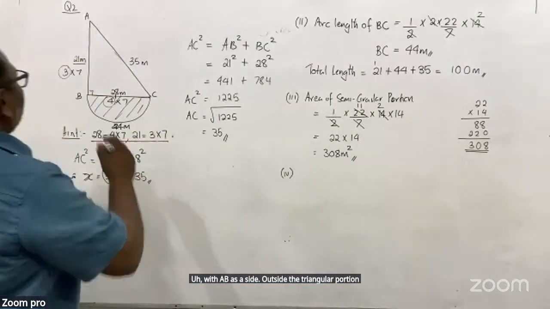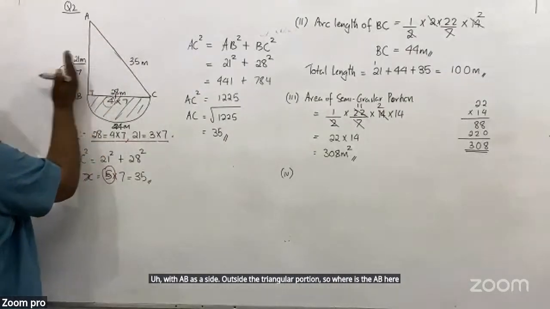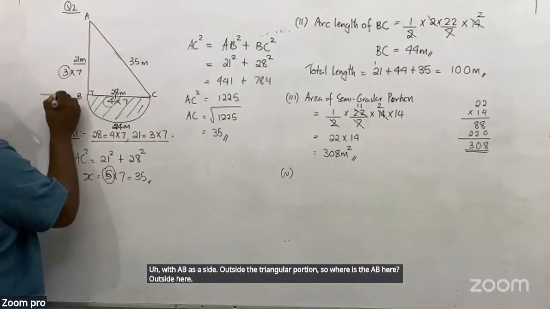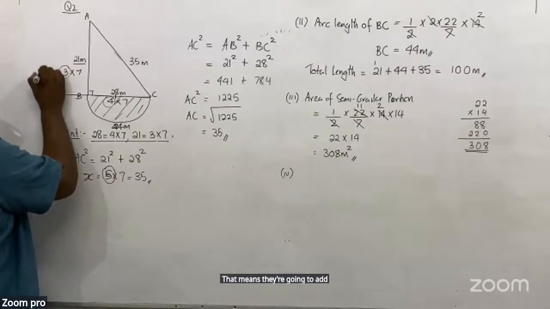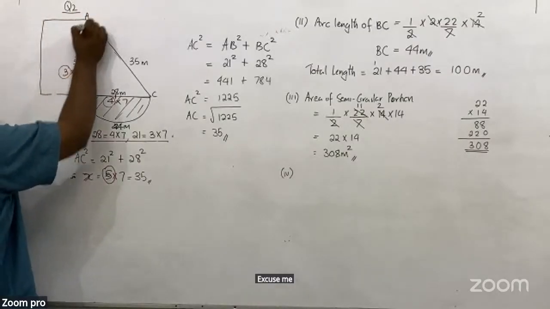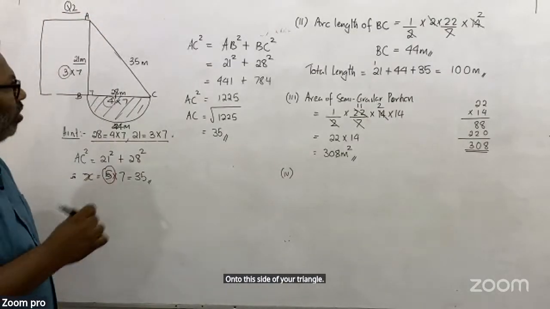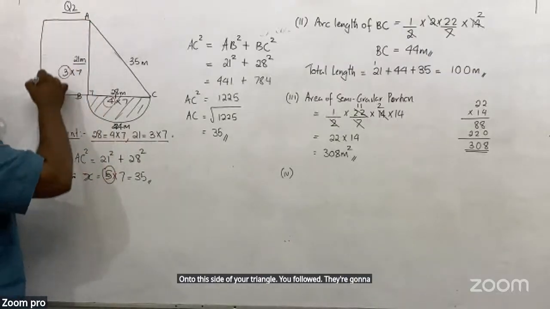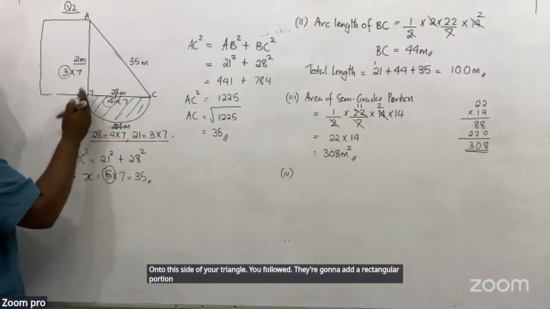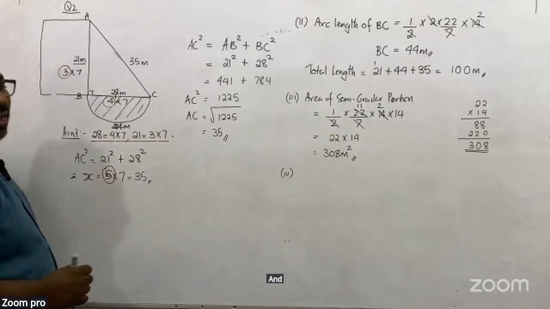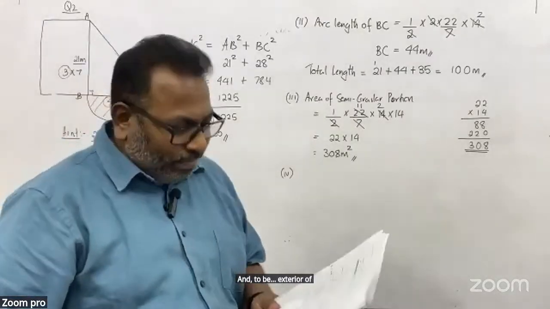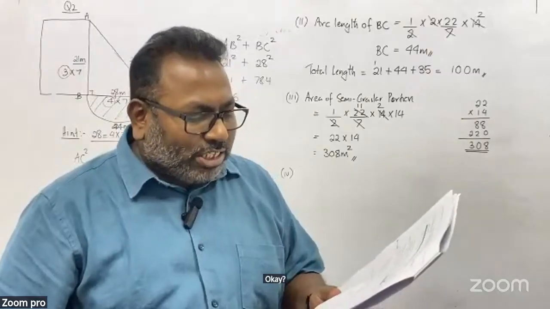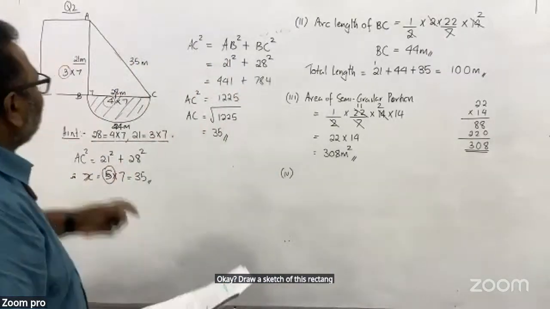So where is the AB here? Outside here. That means they're going to add a rectangular portion onto this side of your triangle. You followed? They're going to add a rectangular portion with AB as one side and to the exterior of the triangle. Okay. Draw a sketch of this rectangle with its measurements.